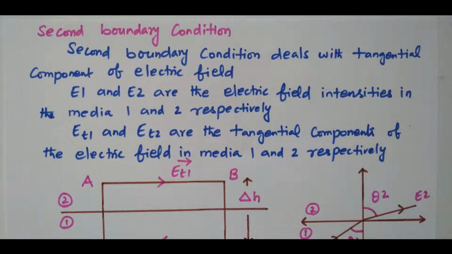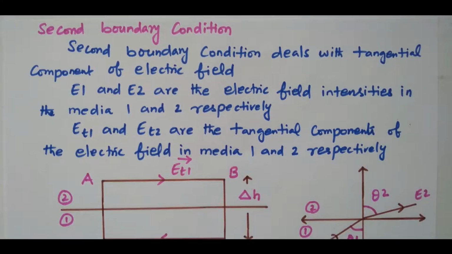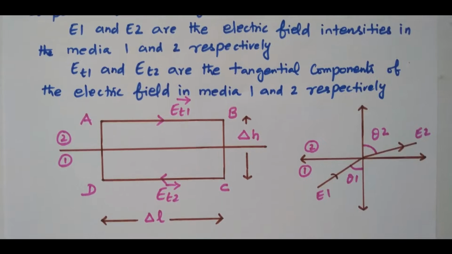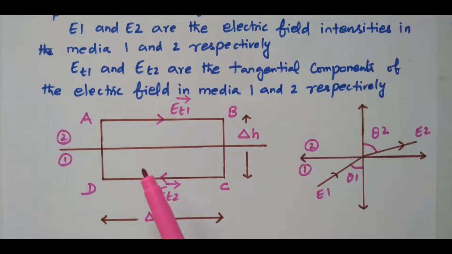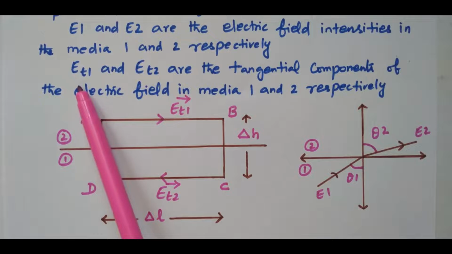Now we'll see the second boundary condition. The second boundary condition deals with the tangential component of electric field. The first boundary condition was the normal component of displacement density. Now we are going with the tangential component of electric field. Refer to this diagram. This is the first dielectric material, and this is the second dielectric material.